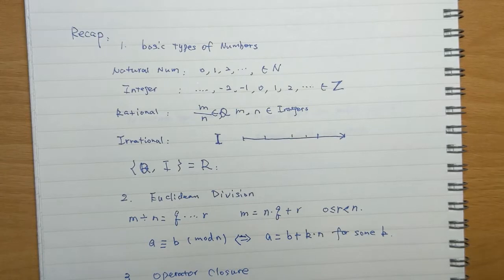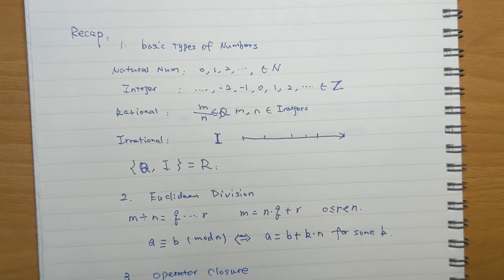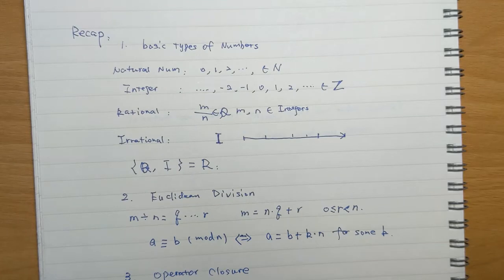So the closure says if I have an element from S, another element from S, then under this operation, x delta y, after this operation we get another element, and this element still resides in S. So that's what we call closure.